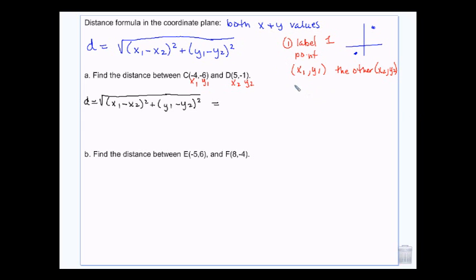Step 2 is you're going to plug in the numbers for x1 and x2 into the formula. x1 is -4 minus x2, which is 5. Squared plus y1, which is -6, minus y2, which is -1.